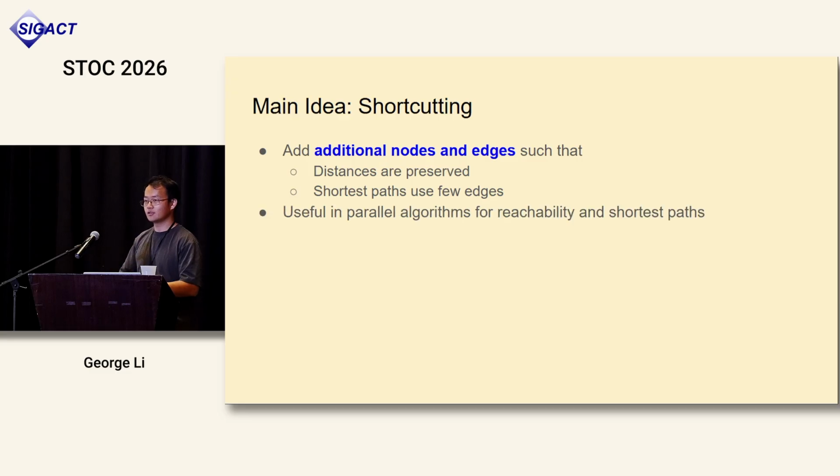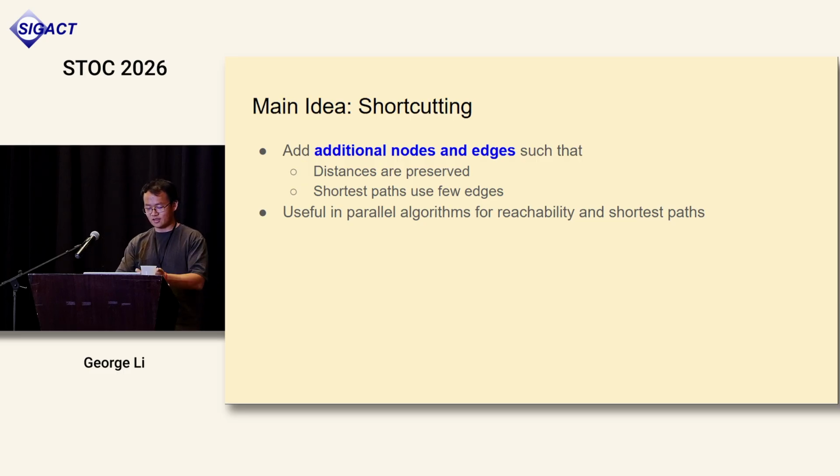This has been useful in parallel algorithms for problems like reachability and shortest paths, because for parallel algorithms, your parallel runtime is essentially the depth, or the diameter, of the graph. So doing this pre-processing step using shortcutting helps for those algorithms.